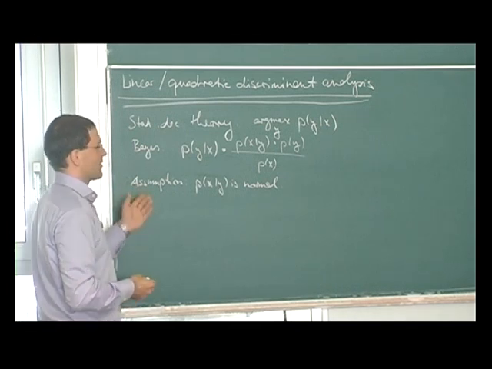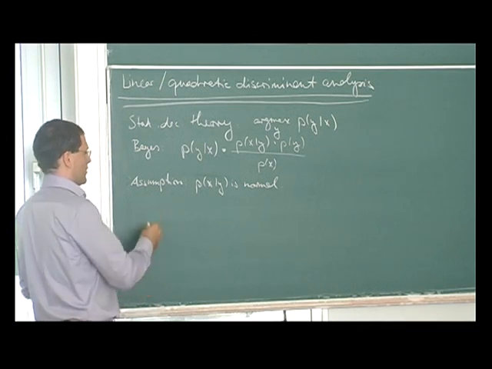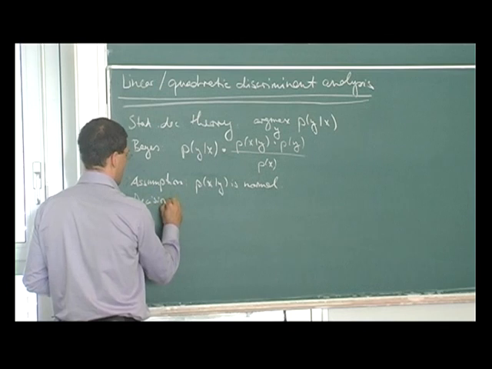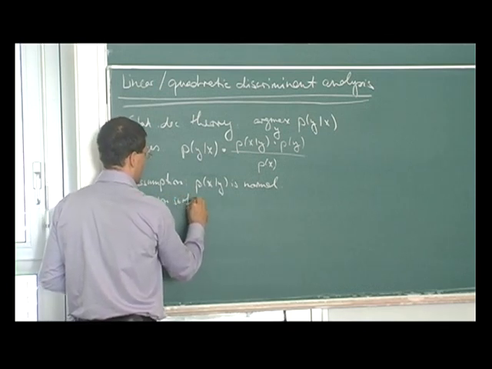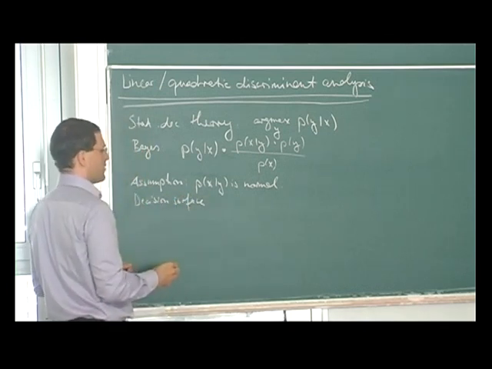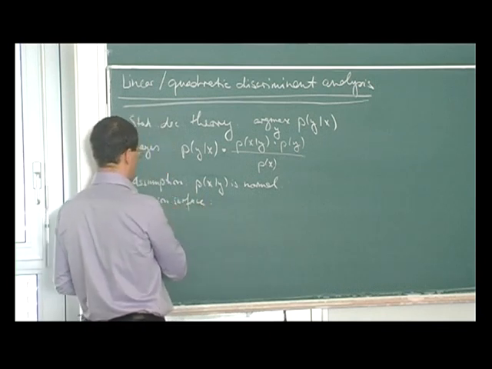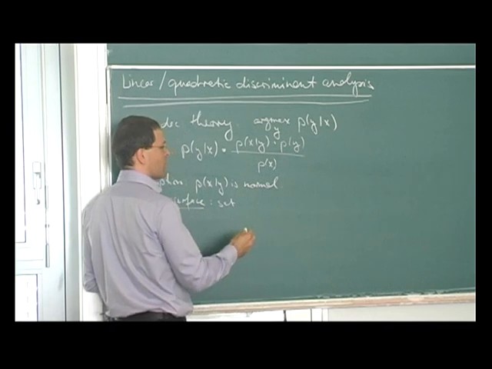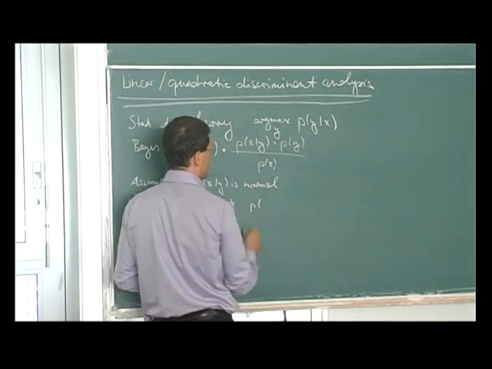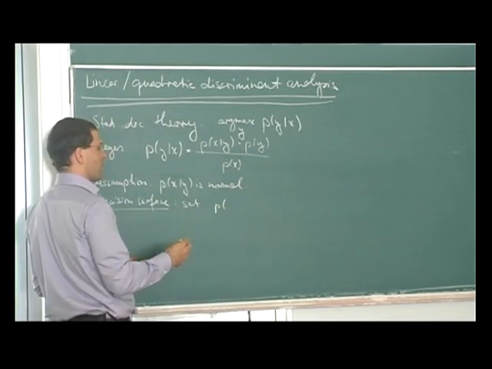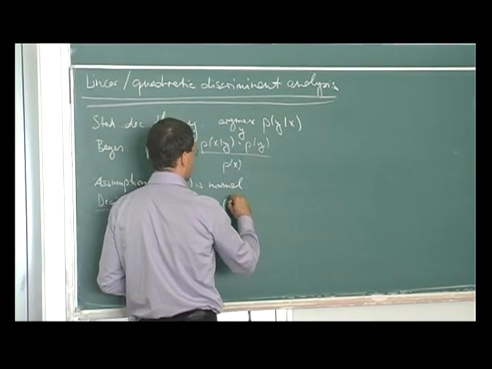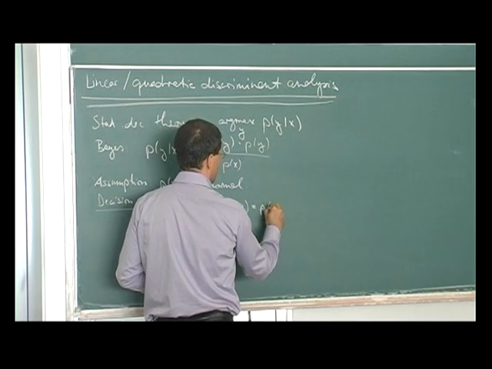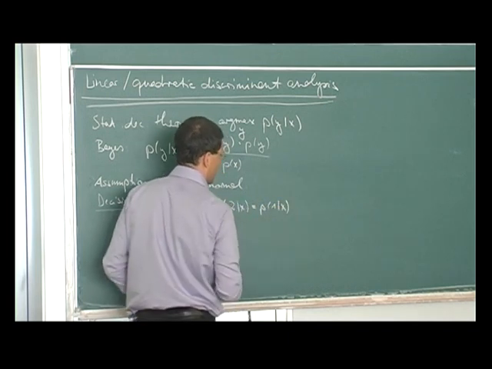And making this assumption, we can now ask for the decision surface to construct our classifier, and the decision surface, that's the set of points for which we have that, again, assuming symmetric loss function, the probability of class 2 is the same as probability of class 1.